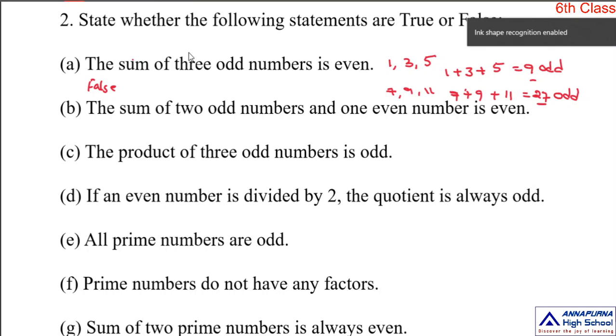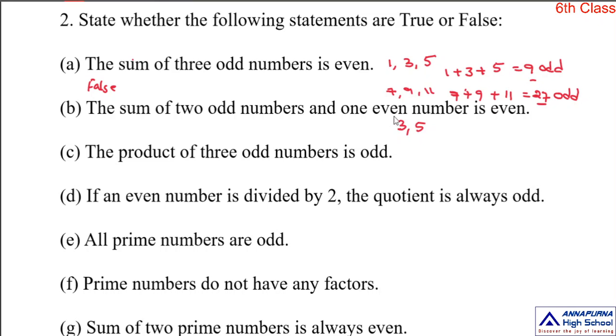Next statement: the sum of two odd numbers and one even number is even. First, we check one example. We take two odd numbers, 3 and 5. These two are odd numbers.